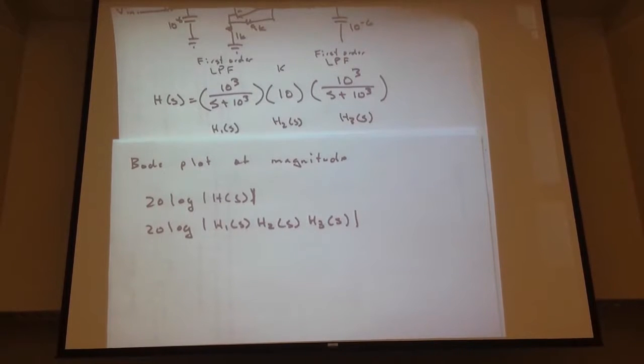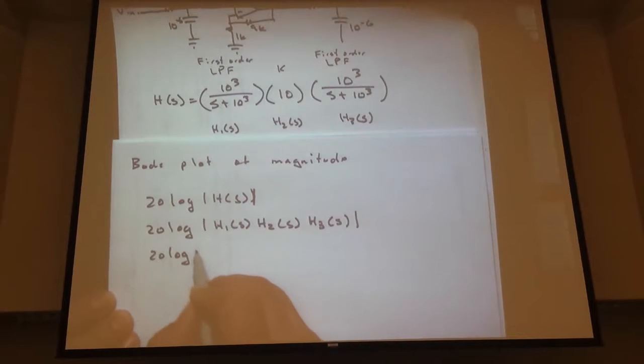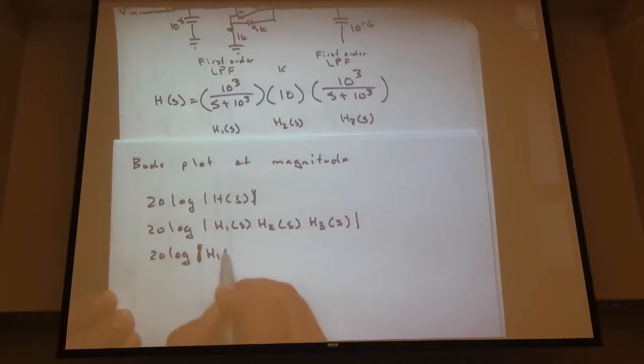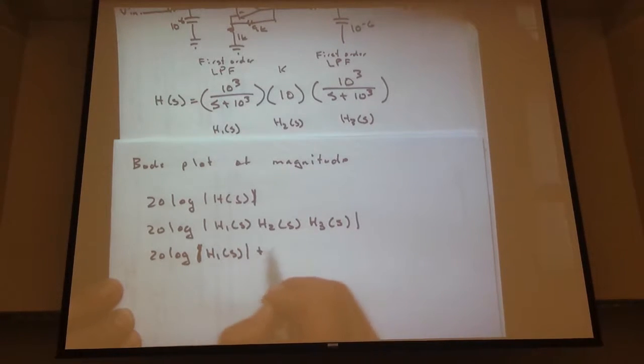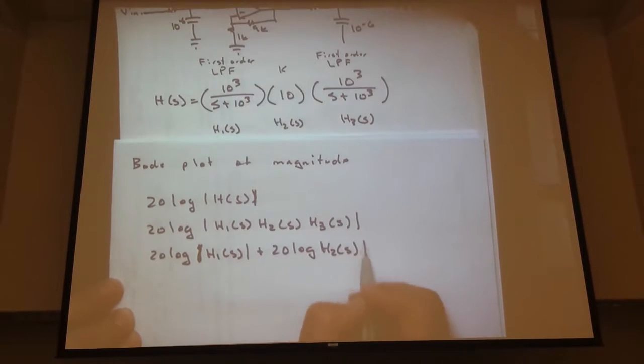Well, when we consider magnitudes and we have multiplication, we can write this again as 20 log H1 of s plus 20 log H2 of s plus 20 log H3 of s. Right?